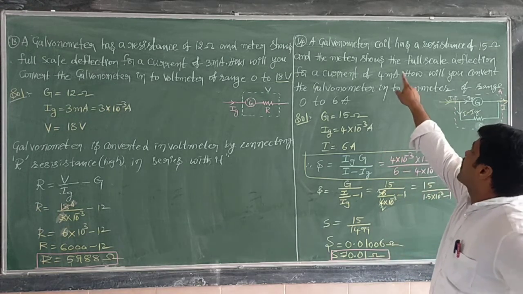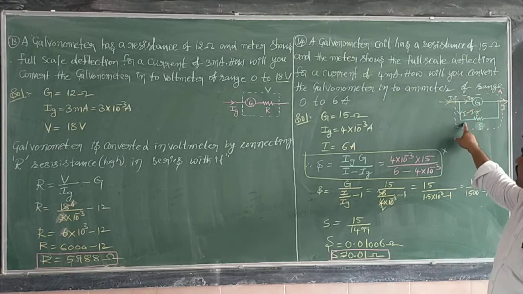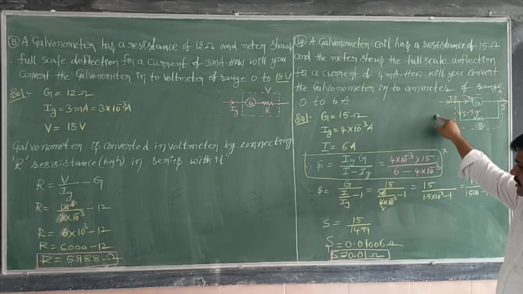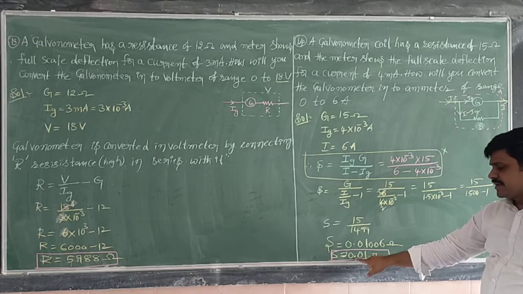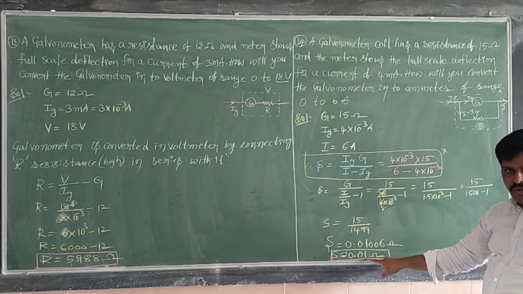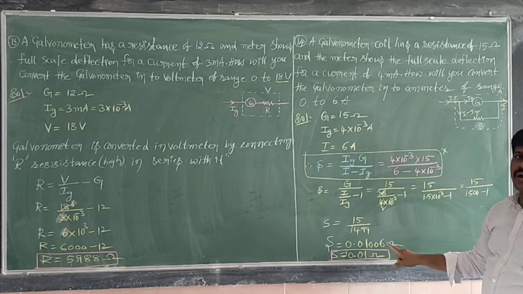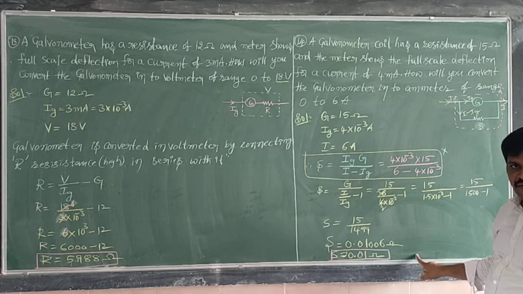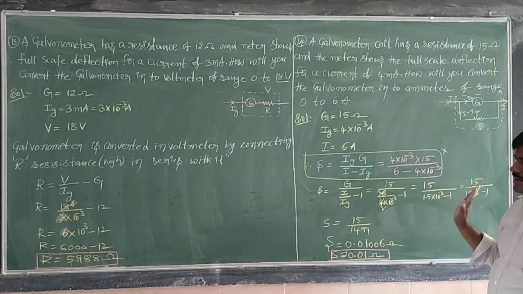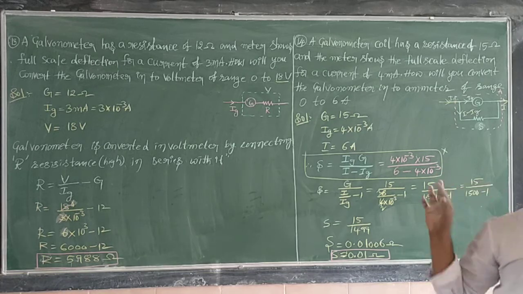The given galvanometer can be converted into an ammeter by connecting a small resistance of 0.01 ohm in parallel to the galvanometer for an ammeter range of 0 to 6 ampere. You write it, these are important problems.